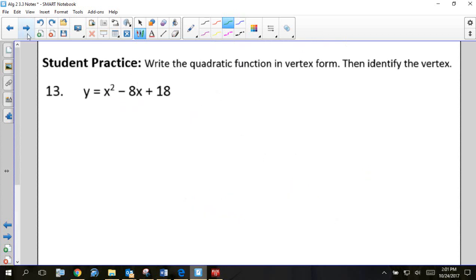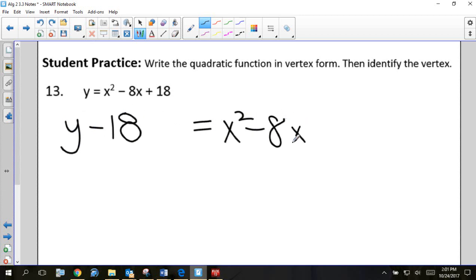Let's try that again. Number 13. First step, you've got to move the constant over. So first step, we're going to have y minus 18, space, equals x squared minus 8x.